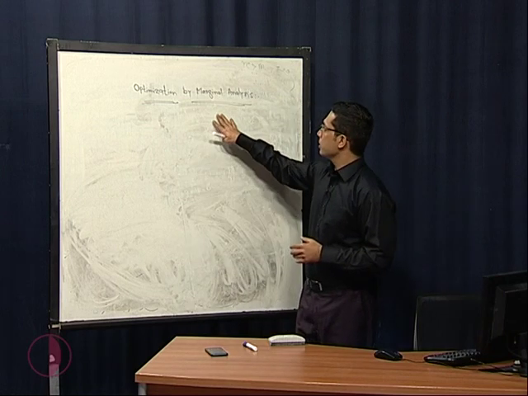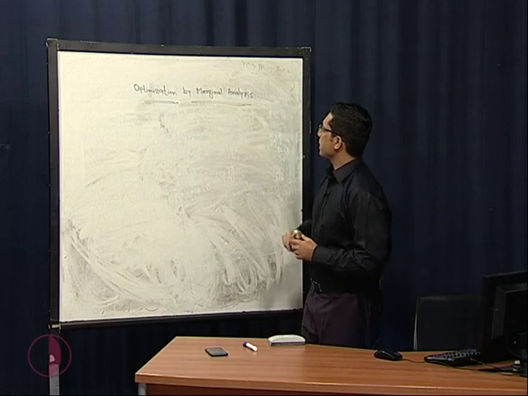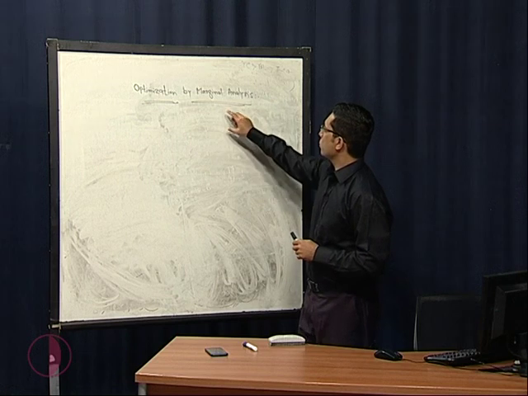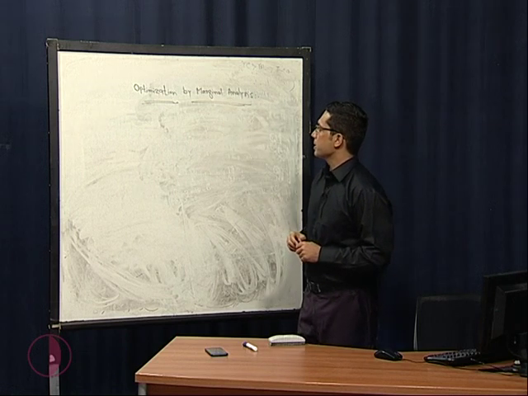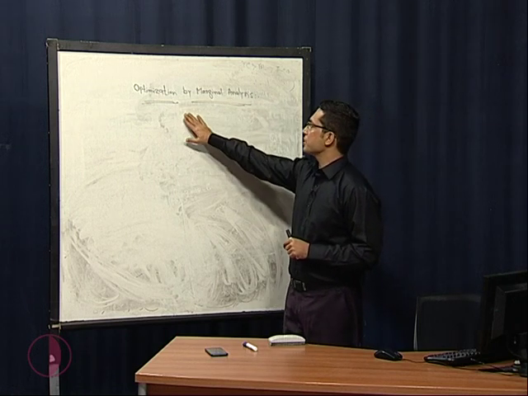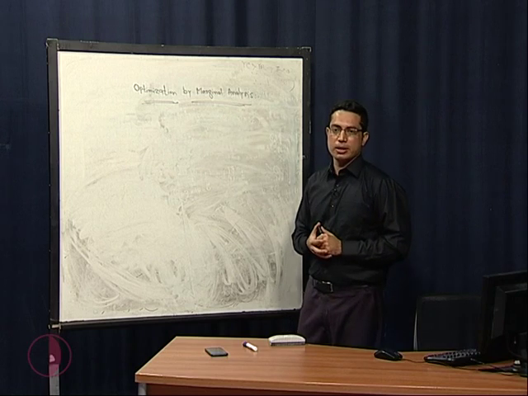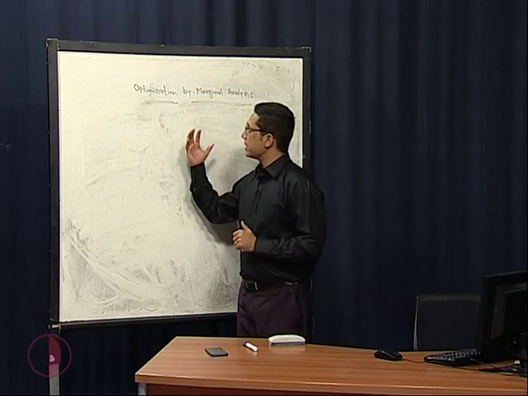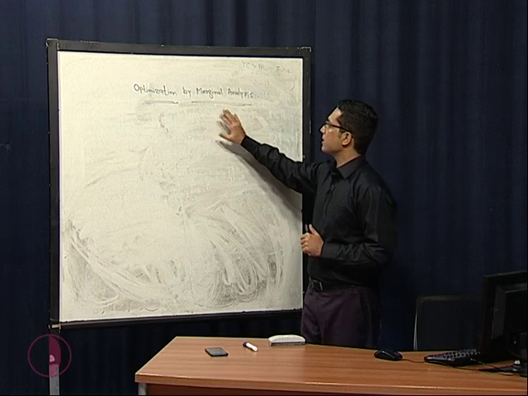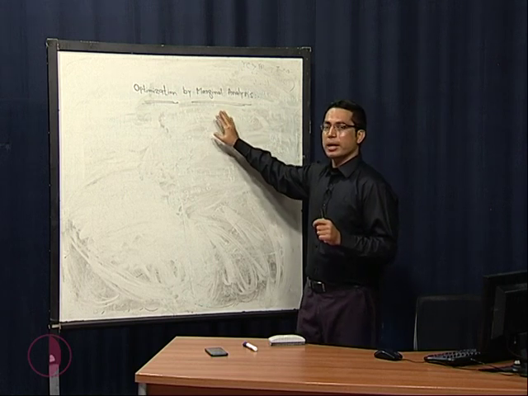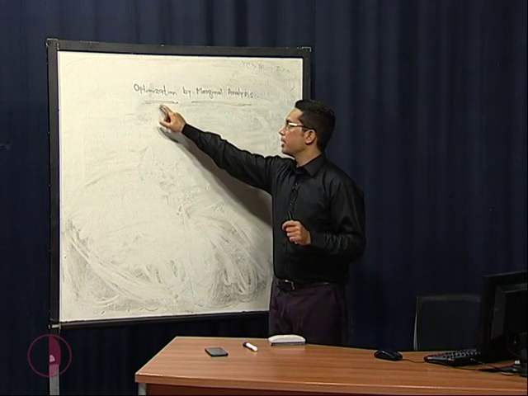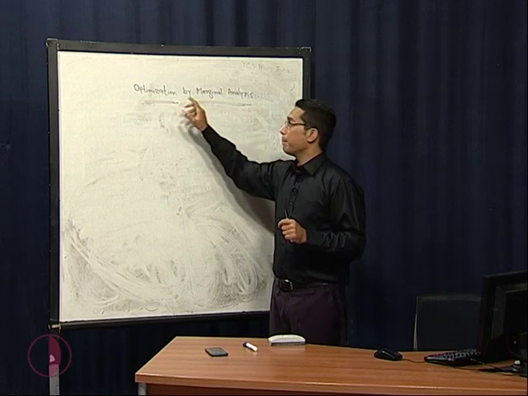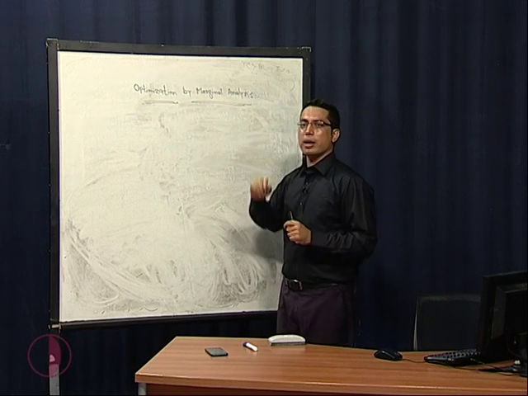In this lecture, I am going to discuss marginal analysis, that is, optimization by marginal analysis. The basic theme of this topic is how a business firm can maximize its profit level by using marginal analysis.